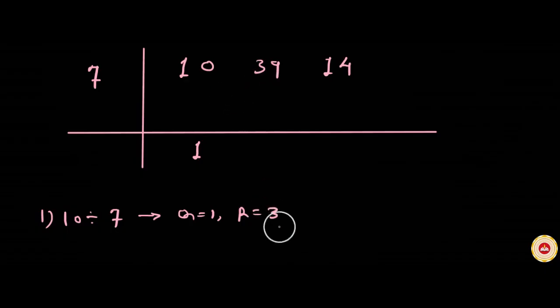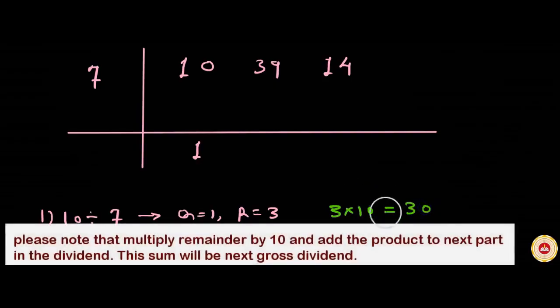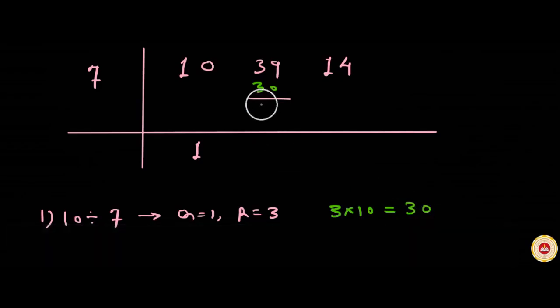We have to multiply remainder 3 by 10, we get 30, and we have to add this 30 to the next part, which is 39, and 39 plus 30 is 69.